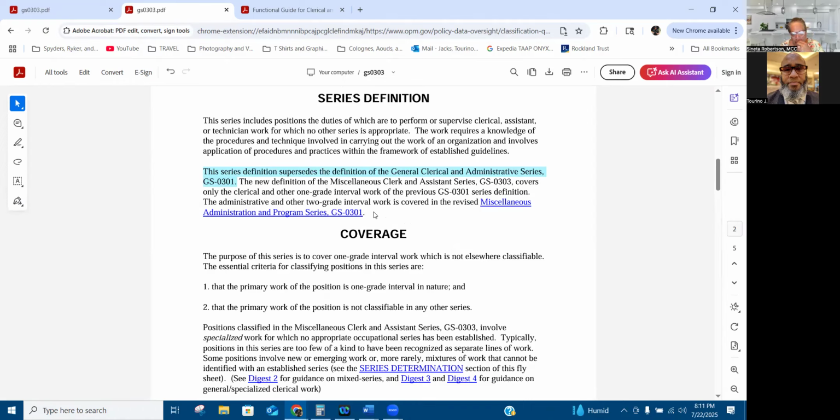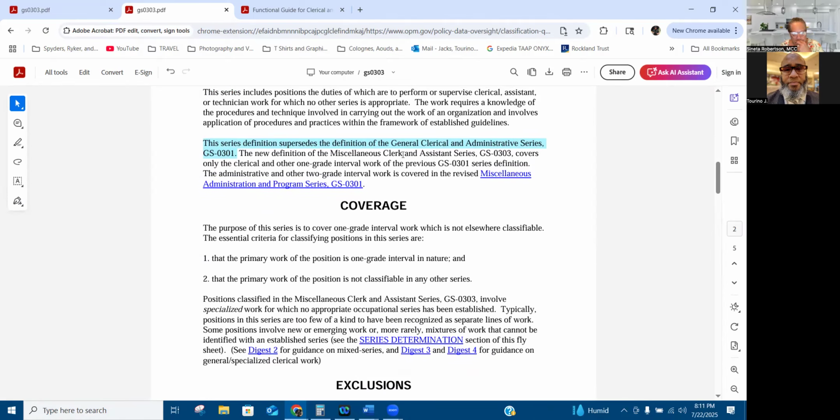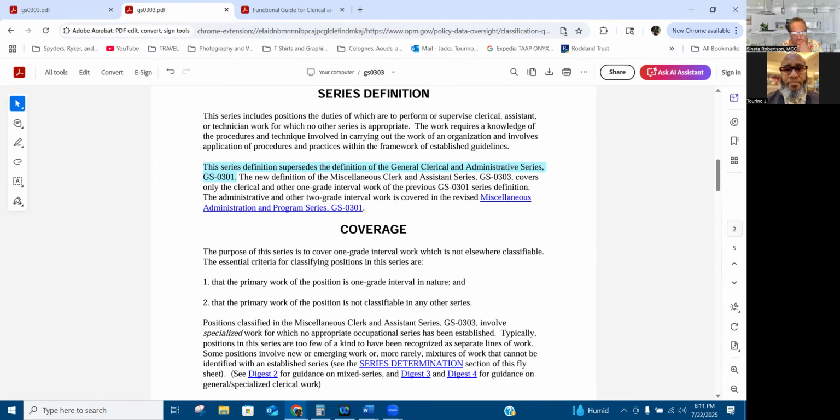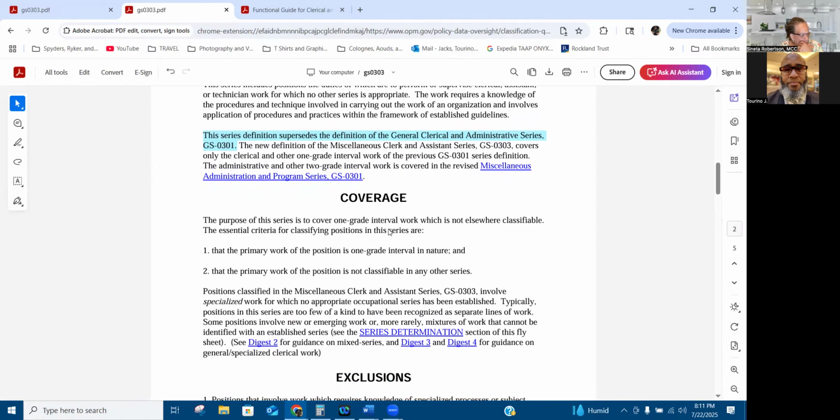But this still doesn't tell me why. Okay, so this is basically saying don't confuse the 301 with the 303. Yes, it's basically your warning. One is one grade and the other one is two grade.